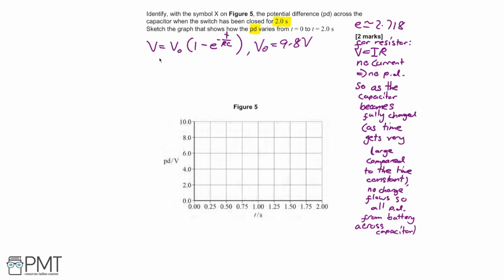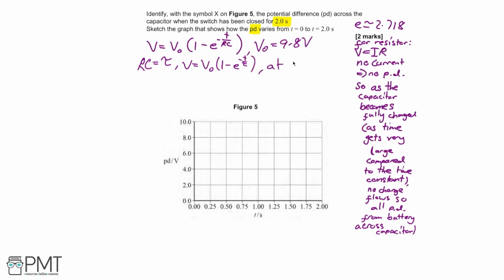Then we can use the fact that RC is equal to the time constant tau, so we can rewrite this as V is equal to V0 multiplied by 1 minus e to the minus t divided by tau. And then we can substitute numbers in.